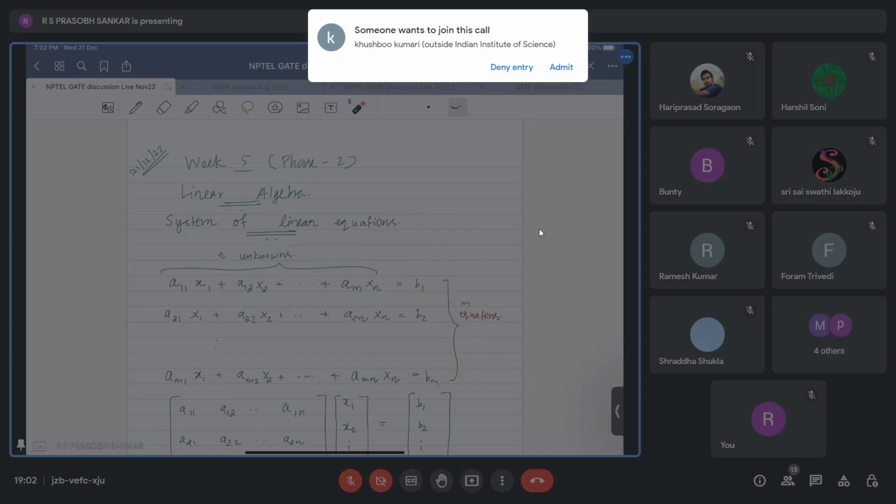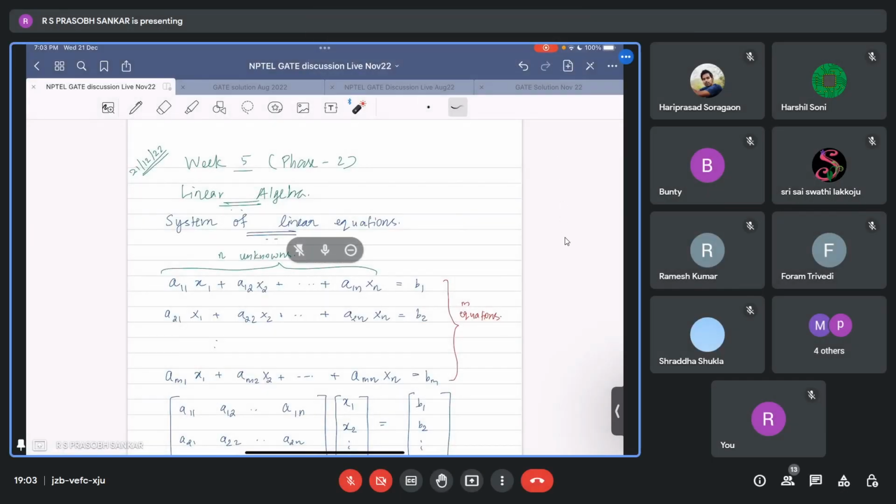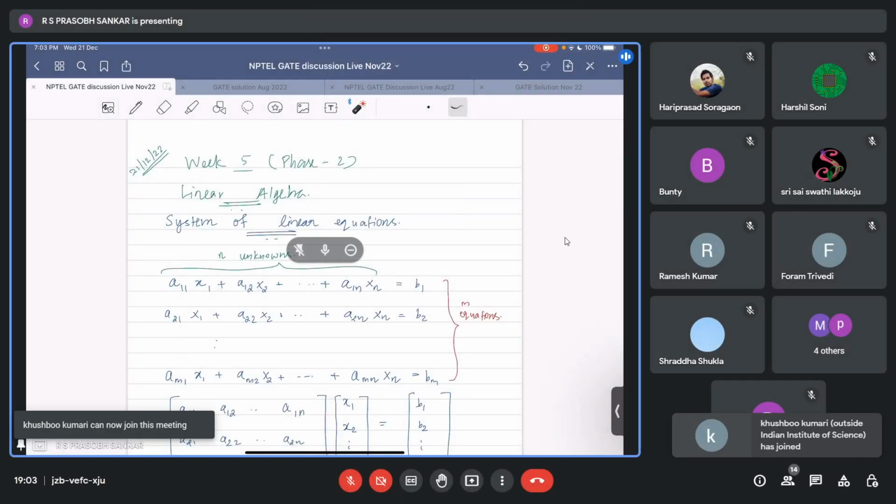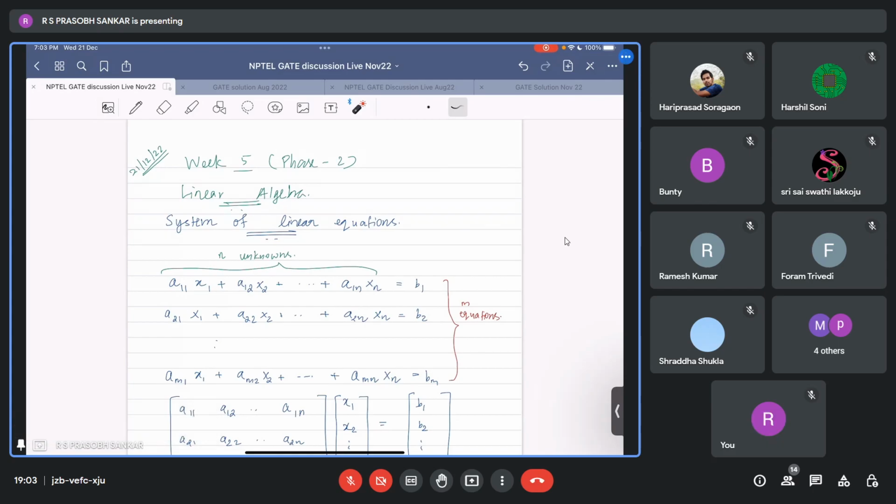My name is Prashok. I'm doing PhD in IISc Bangalore. Every Wednesday during this time, 7 to 8, we'll be discussing key questions on signals and systems, communications and some math topics. Today we'll be discussing mainly linear algebra, and in that we'll discuss some questions on system of linear equations, the nature of solution of the system of linear equations, and some more related topics.